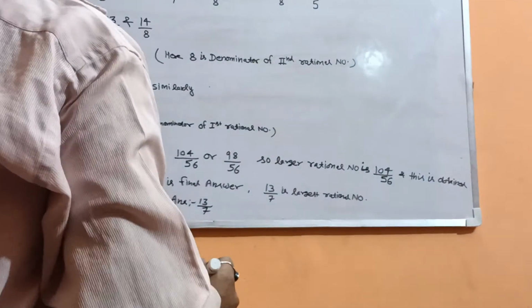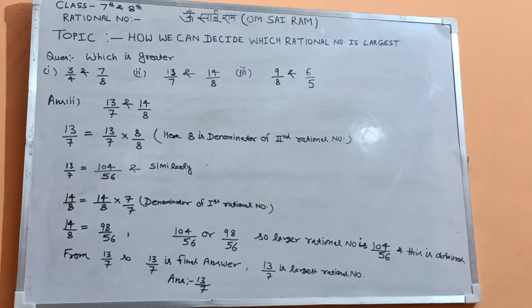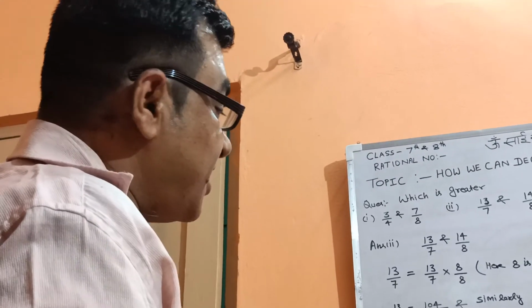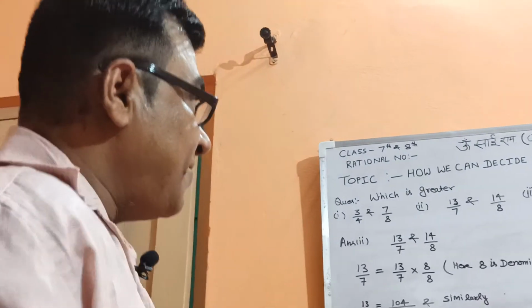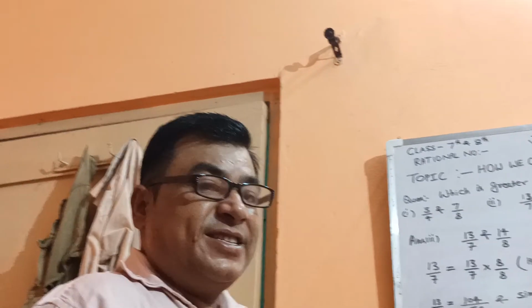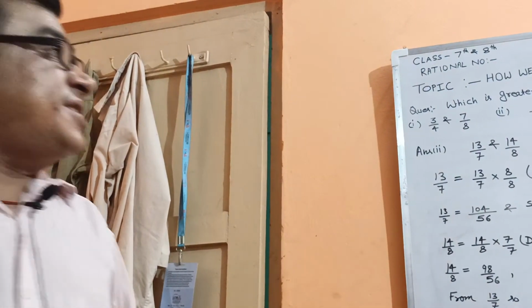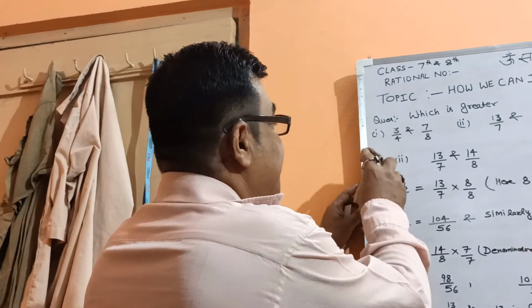In the first example, we solved which rational number is largest. In the second example, we also found the largest rational number. Now we will discuss the third example, 9/8 and 6/5. Which rational number is largest, 9/8 or 6/5? It is very easy.